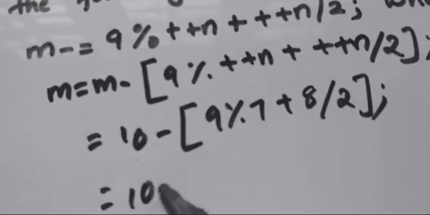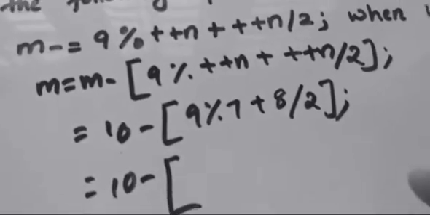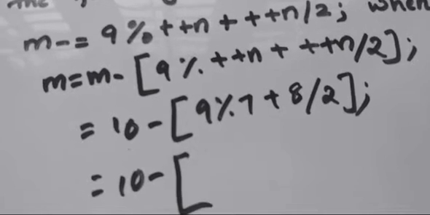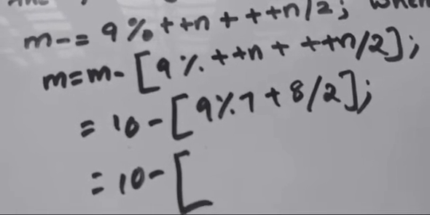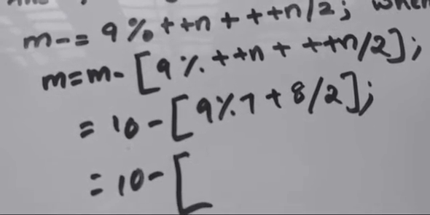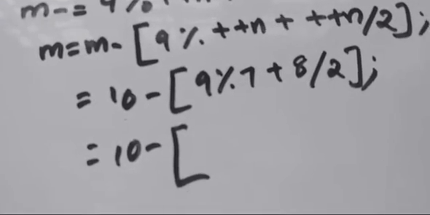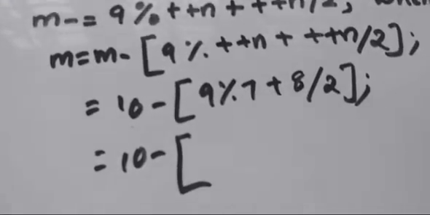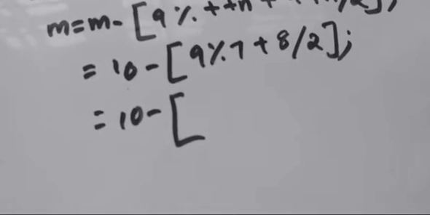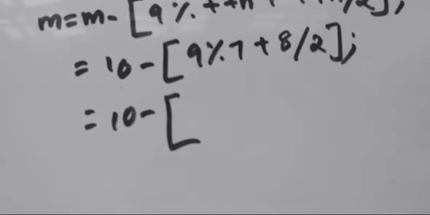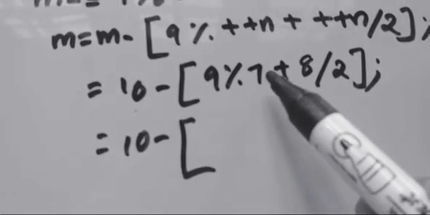Next, 10 minus. The most important thing in Java, we have studied about the operator precedence. So you have to apply that BODMAS rule over here. You have to apply the operator precedence rule mostly in this type of expression. So 10 minus, what is 9 mod 7?